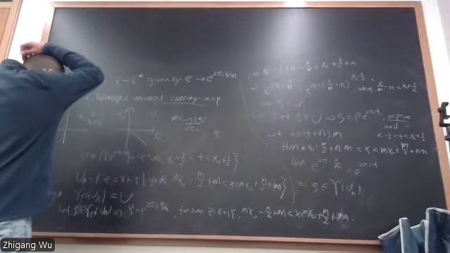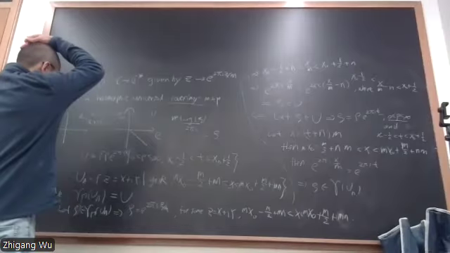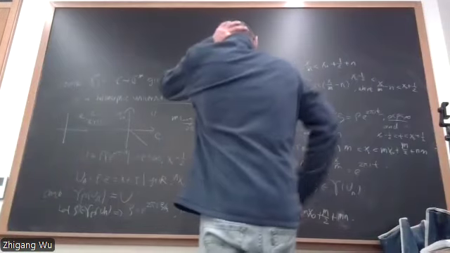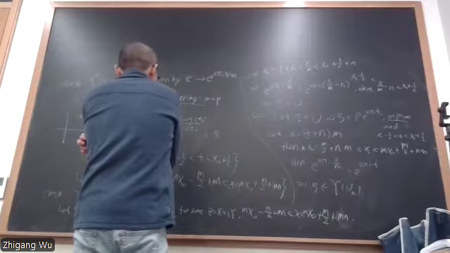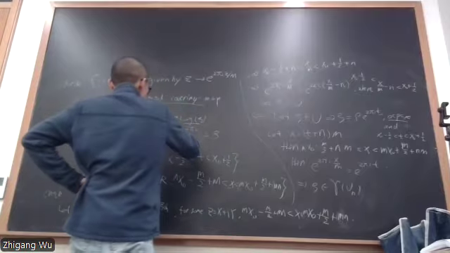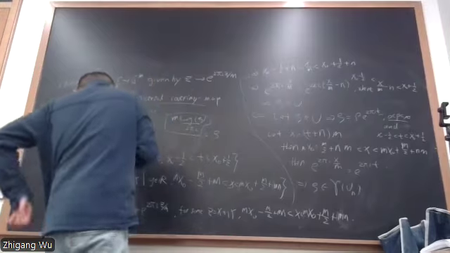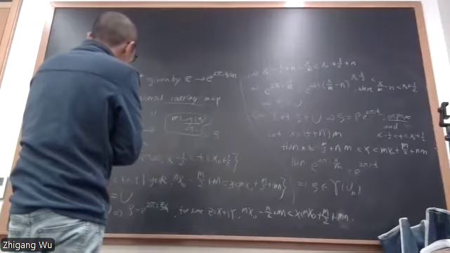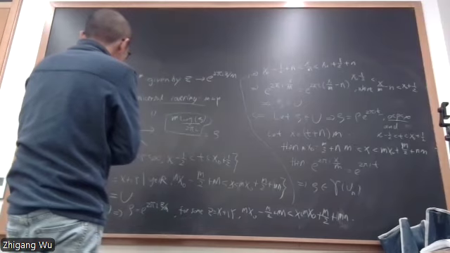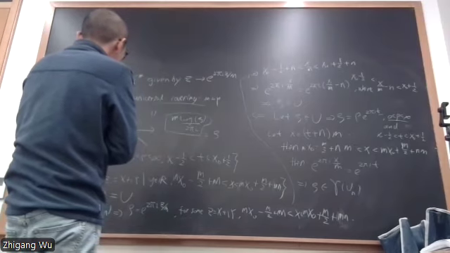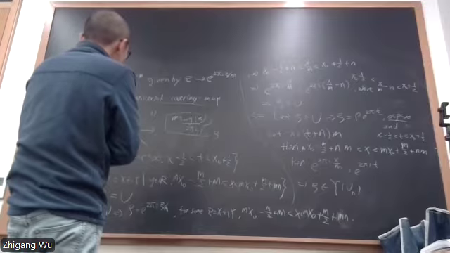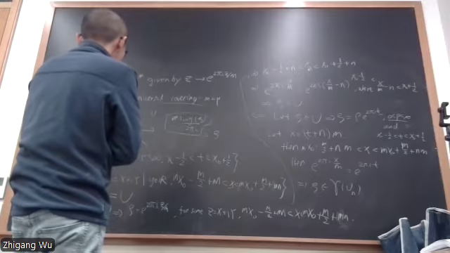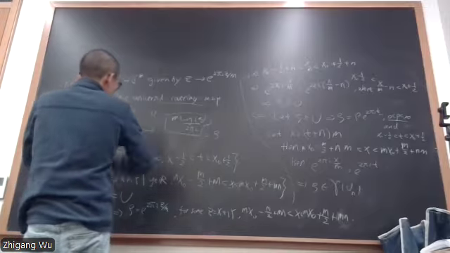Okay. So therefore, this is the inverse of the exponential map, for any zeta in this U. Yes.